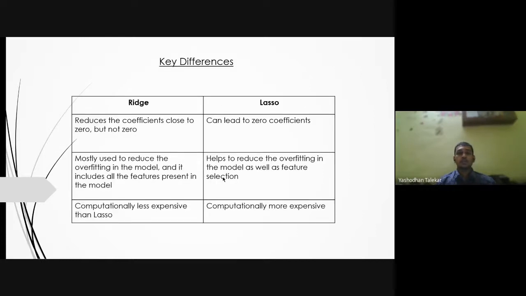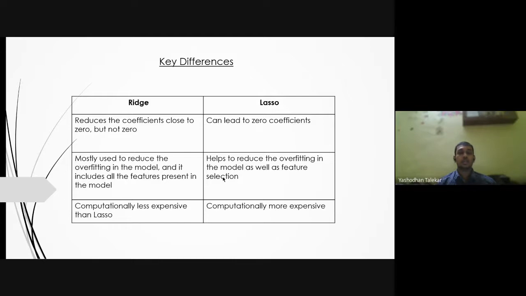The key differences between ridge and lasso are that ridge regularization can be close to 0 but cannot be 0, whereas in lasso regression the penalty can lead to 0 coefficients. Due to this, some features in the model can be deleted and hence it can be used for feature selection.